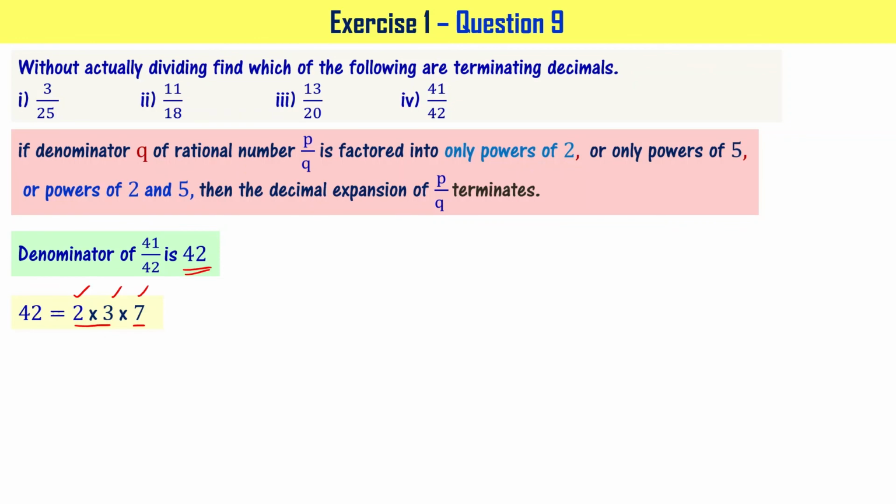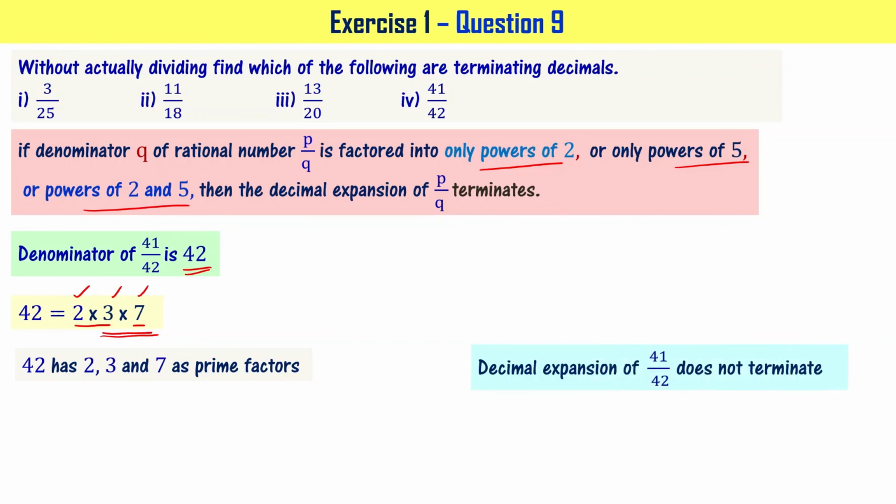When you look at this, we could not write 42 as only powers of 2. There is nothing like 5 here and powers of 2 and 5. So 3 and 7 are extra factors which are there, right? Since 3 and 7 are also prime factors for 42, we cannot express 41 by 42 in the decimal form, which is going to terminate. In other words, I can say that decimal expansion of 41 by 42 is not going to terminate. Got it?